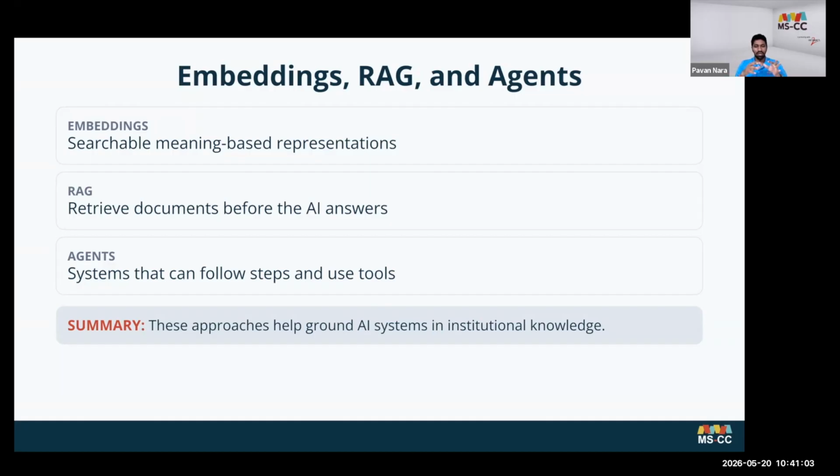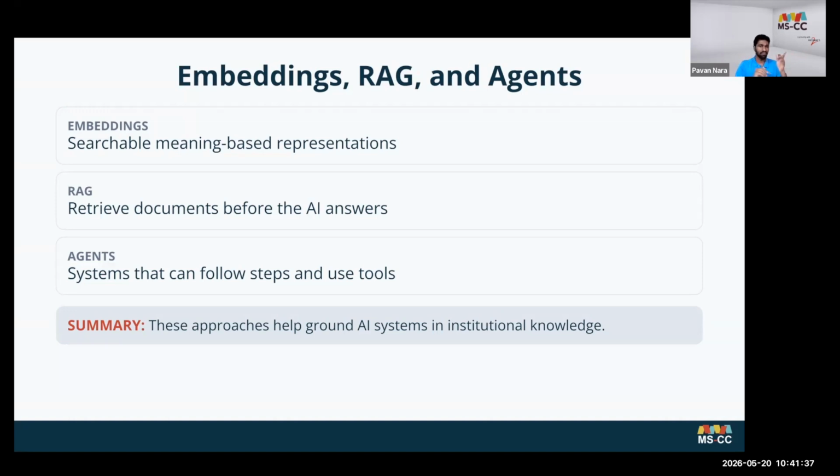Now, RAG means retrieving before answering the specific question that the user has asked. For example, instead of asking the model to answer from memory, the system retrieves relevant documents upfront and gives the model the right context. That is how RAG works. Now let's go to agents. Agents are, to be very brief, systems which can follow steps and use tools to do your task.